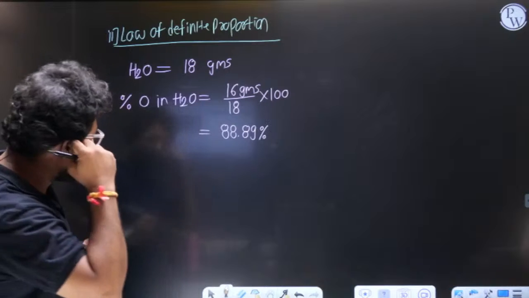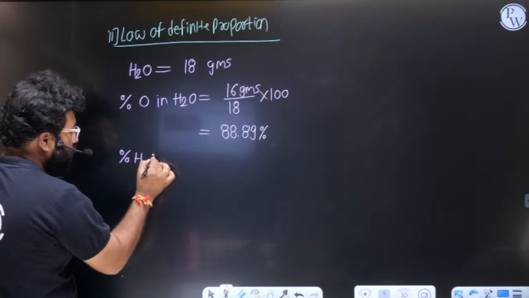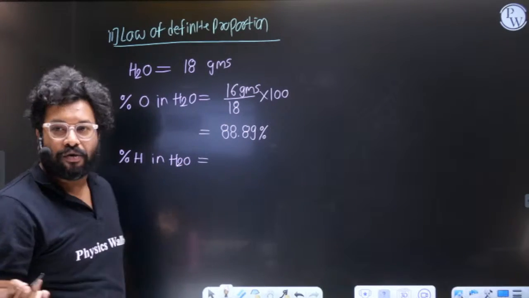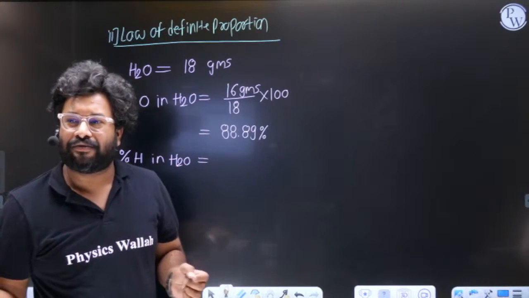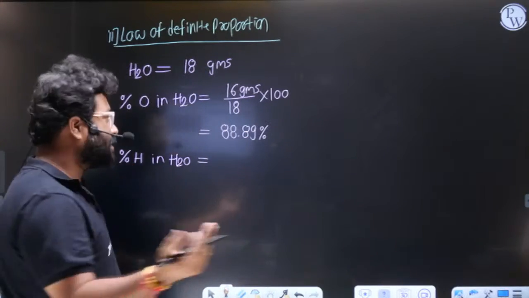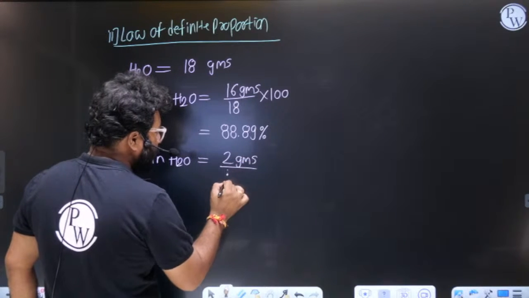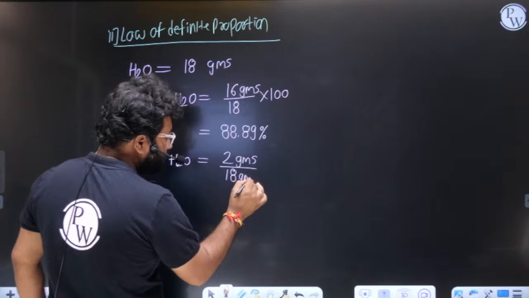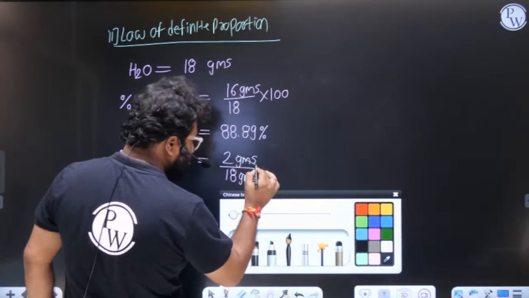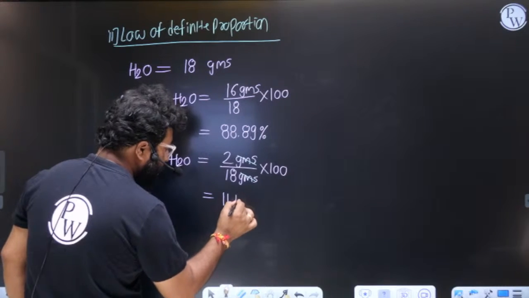Similarly, if you find the percentage of hydrogen in water, there are two hydrogen atoms in water. Each hydrogen atom weighs 1 gram as far as gram atomic mass is concerned. So you take 2 grams divided by 18 grams, grams get cancelled, multiplied by 100, and this comes out to be 11.11%.